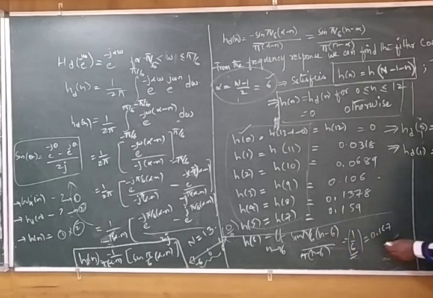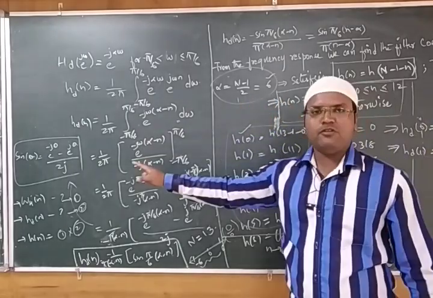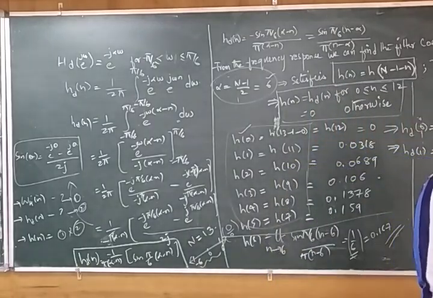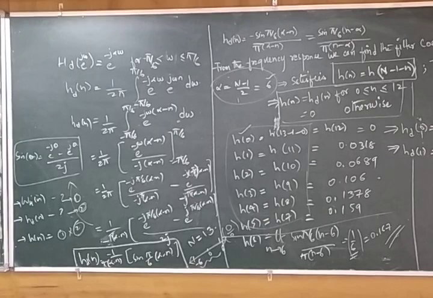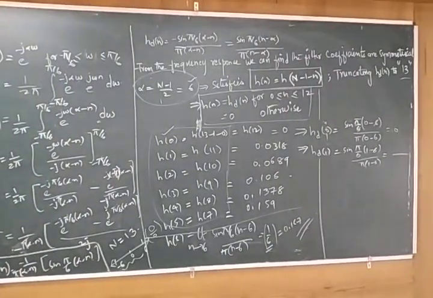So 1 by alpha is 1 by 6, we got this coefficient. We found h of n and w of n; we will multiply both values to get the actual answer. So note this down, then we will directly find the actual answer for those coefficients.